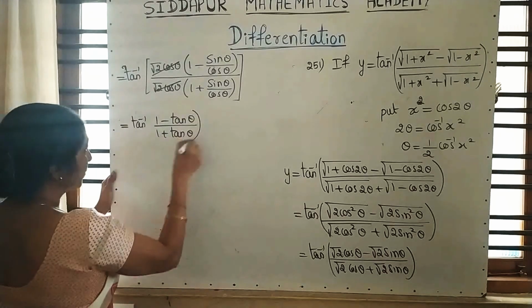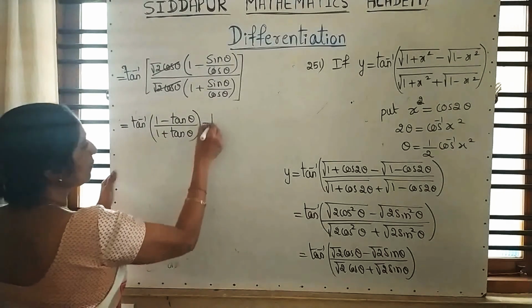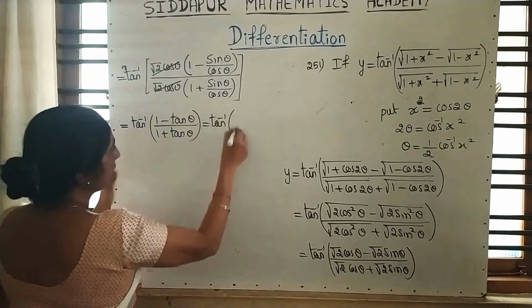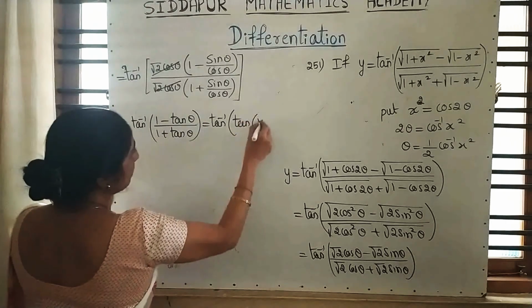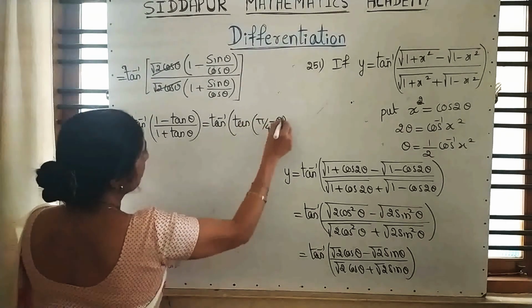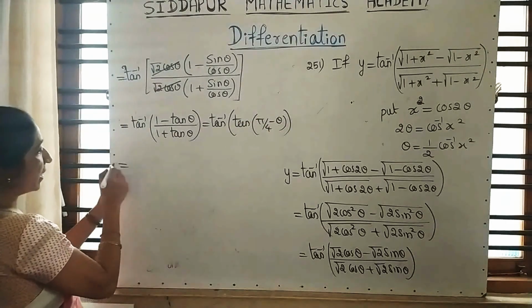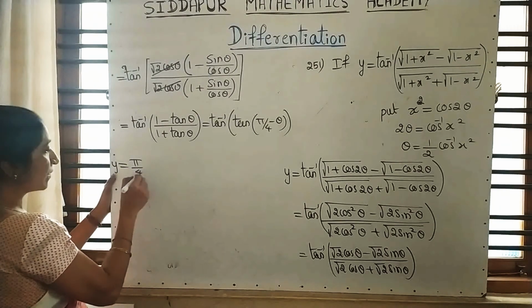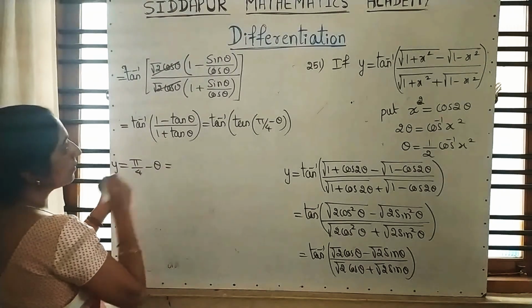Now have you remembered that formula? Yes, I know that you are getting a smile on your face. You know that formula. Now tan inverse and tan get cancelled. Pi by 4 minus theta.